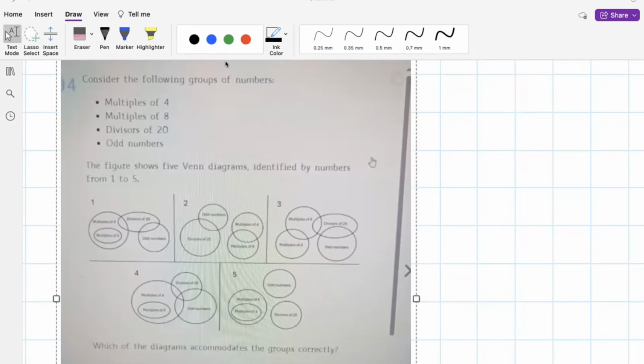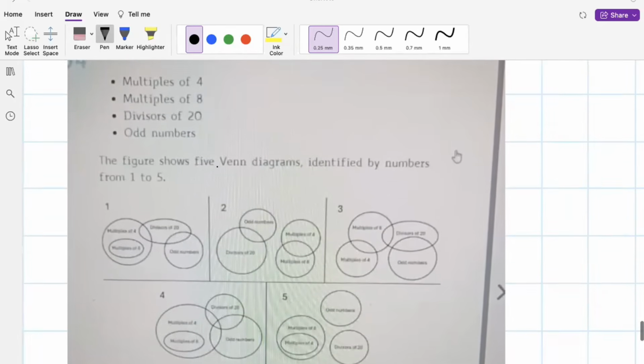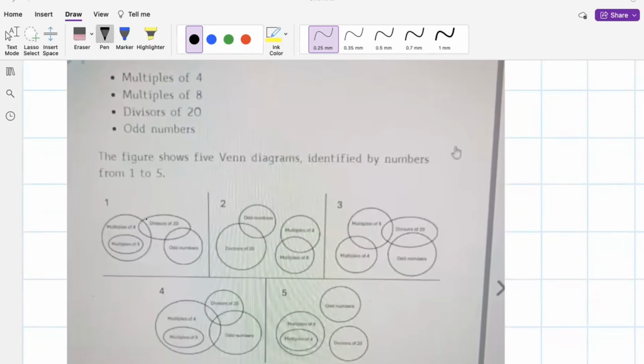I see. Okay, it's not really visible, but I zoomed in to the maximum. So these are the multiples of 4, and this is the multiple of 8. These are the divisors of 20, and these are the odd numbers.